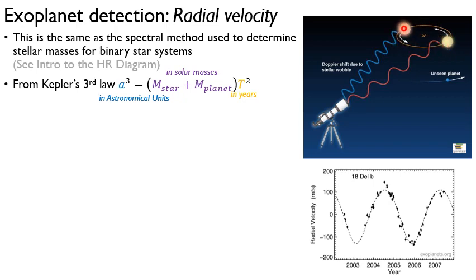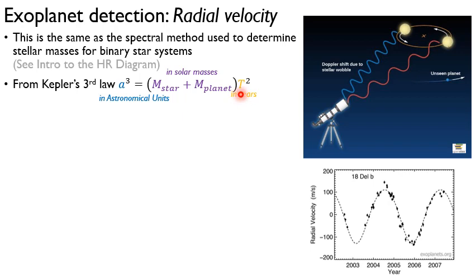And so light in one part of the orbit, or wobble, if you want to call it that, is going to be blue shifted, and in the other it's going to be red shifted. And we can image the shifting of these spectral lines over time, and get a radial velocity versus time diagram. So from this, we can determine the period of the orbit.